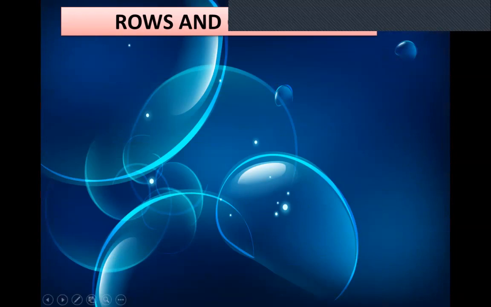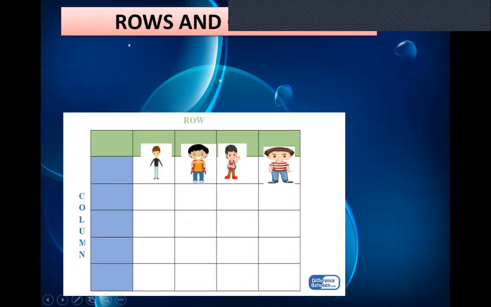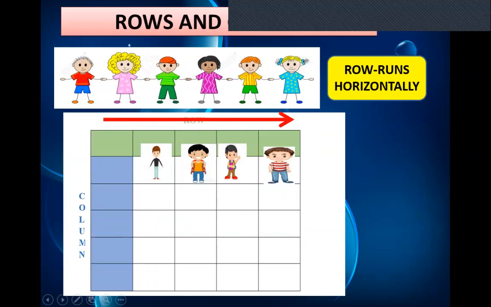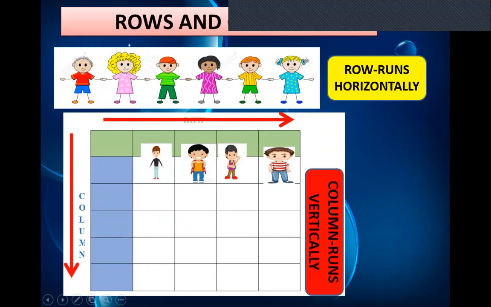Next are rows and columns. Here, rows always run horizontally and columns run vertically.